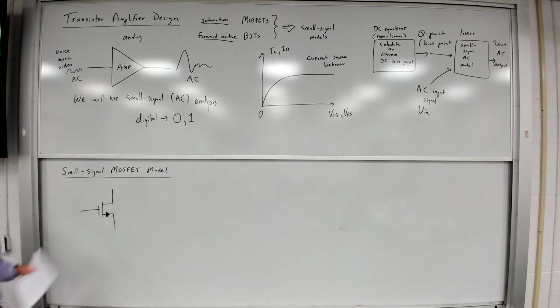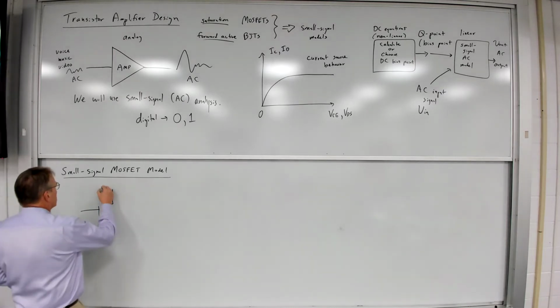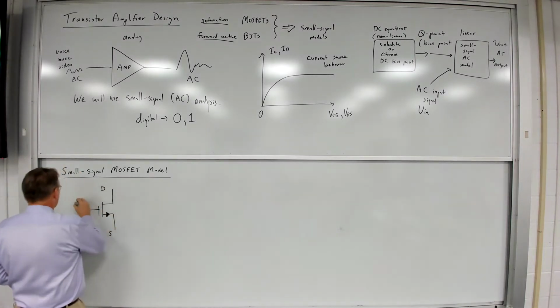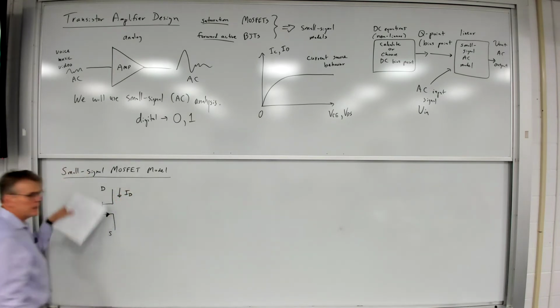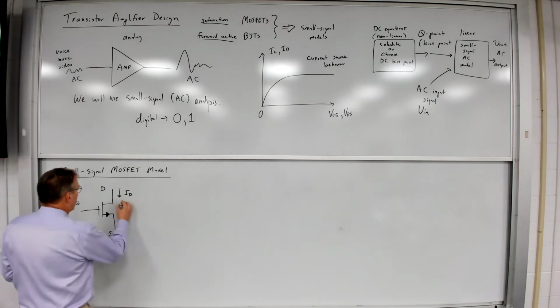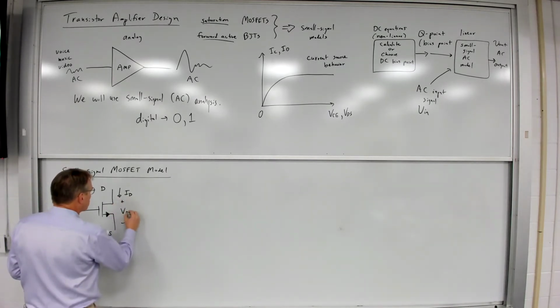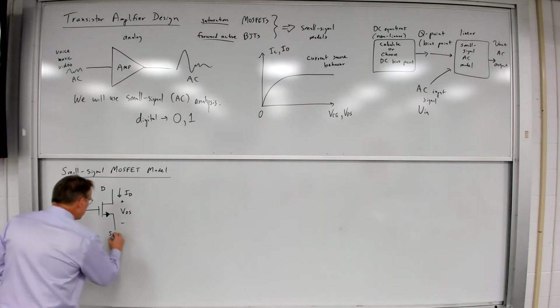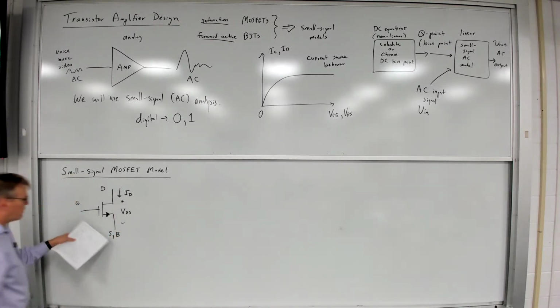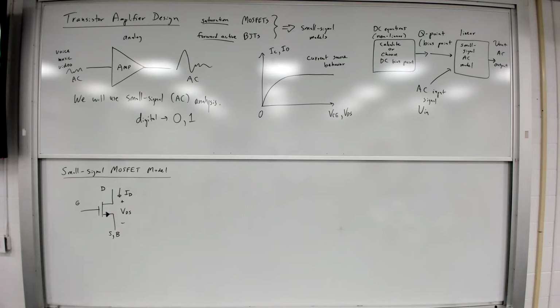Let's go ahead, and I'm going to start by developing a small signal model for an NFET, for an NMOS transistor. So in this case, I've got my drain, my source, my gate. I've got a drain current that flows into the drain. I've got a drain source voltage between the drain and the source. And I'm assuming in this case the source and the bulk are simply connected together. So I'm drawing it as a 3-terminal device.